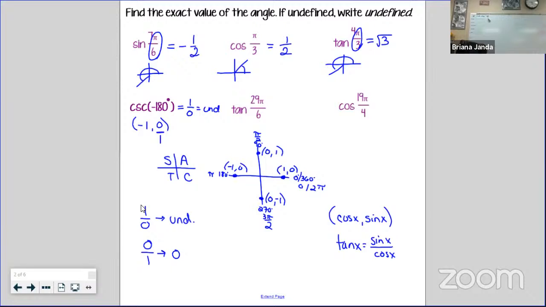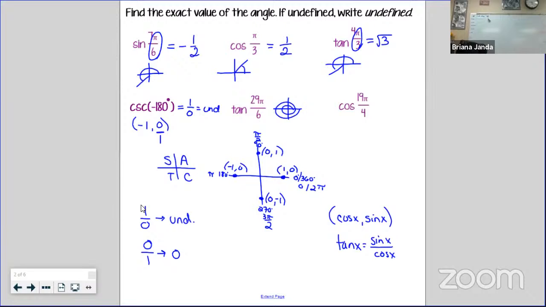That if we have something bigger than a full circle, start subtracting full circles. Like this one, a full circle in 6s would be 12 over 6, right? Double the denominator. So if I were to draw 29 over 6, one circle would be 12 over 6. If I did another circle, I'd be at 24 over 6, and I need to get to 29.